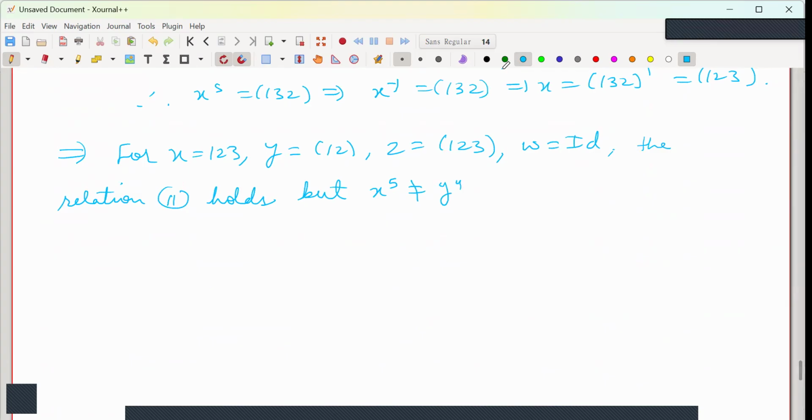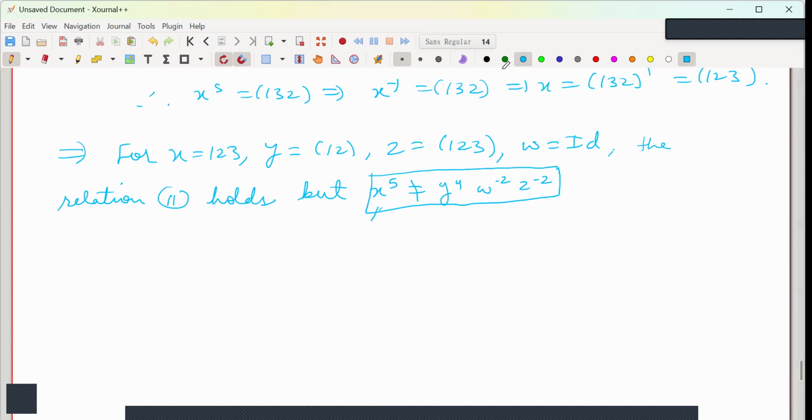Y4 w minus 2 z minus 2. If you have any doubt, you can still verify this relation again. X5 will be just taking the fifth power of this 123, which will be just 132. Y4 will vanish, it is identity. W will vanish, it is identity. And z minus 2 is again the same.